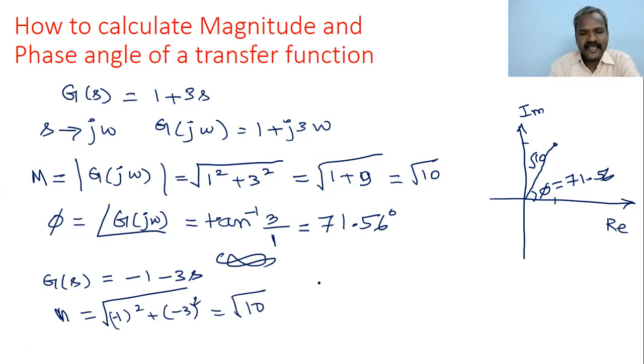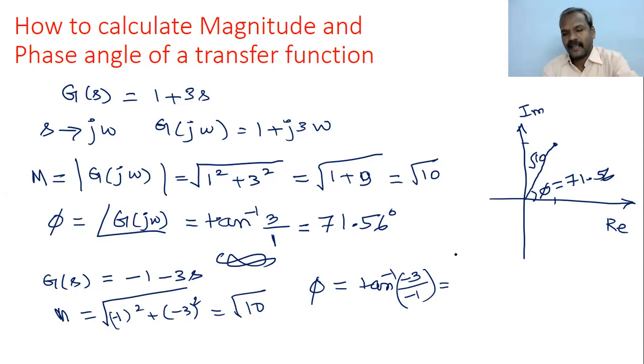Whereas the phase angle, as per tan inverse of imaginary part divided by real part, is tan inverse of minus 3 divided by minus 1, which becomes tan inverse of 3. But if you calculate as usual, you will get 71.56 degree.